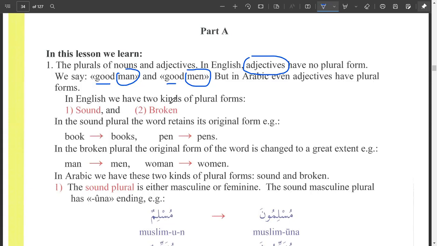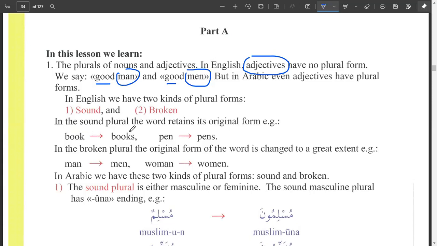In English, we have two kinds of plural forms, sound and broken. In the sound plural, the word retains its original form, like book, books.